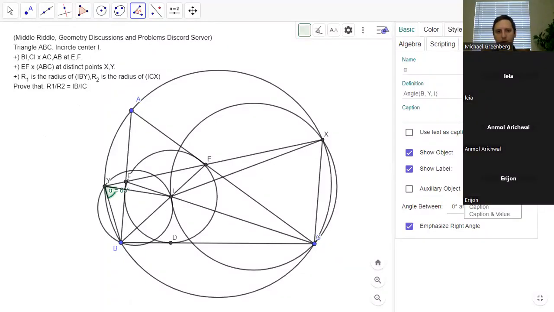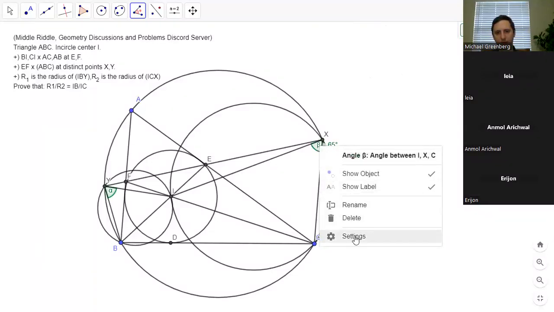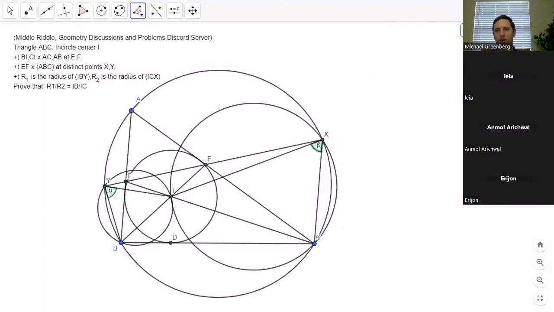If I just show the name, and then I do the same with this one, then we want to show alpha equals beta, and that would solve the problem.